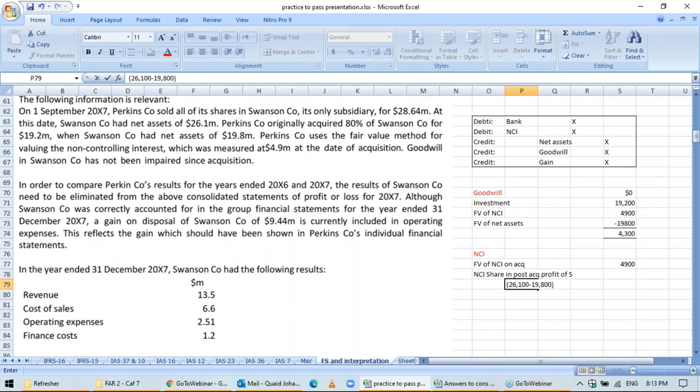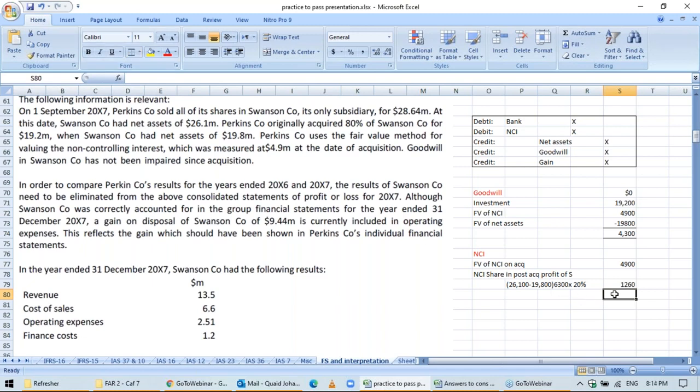So they have increased, and the increase amount is 6,300. The net assets have increased due to the profits. Out of this 6,300, the NCI's profit share of 20% will be taken. The parent is holding 80%, so the rest 20% goes to the NCI. So NCI was initially 4,900, and now 1,260 will be added to it, the profit share of NCI.